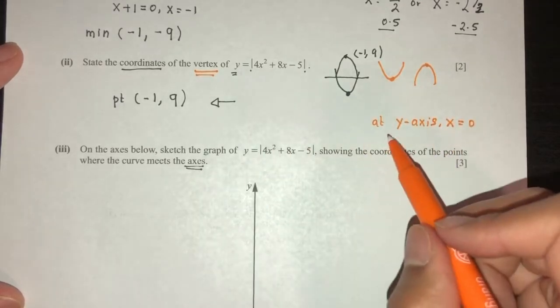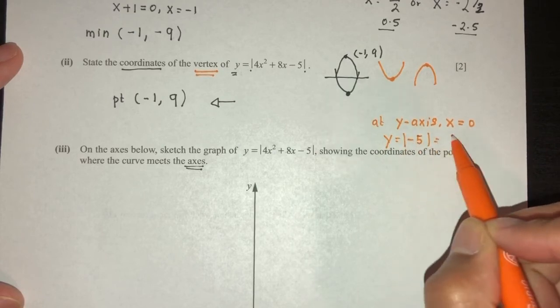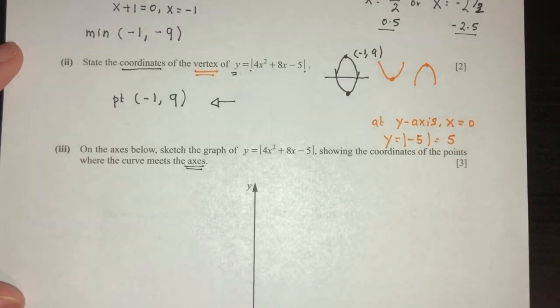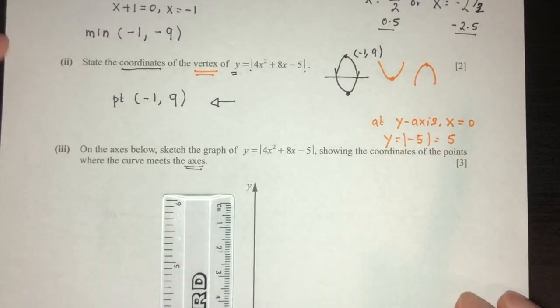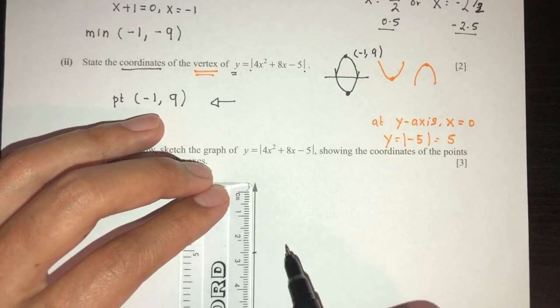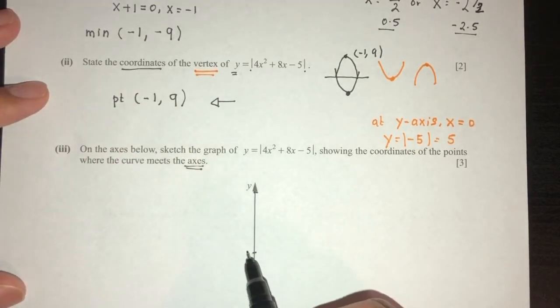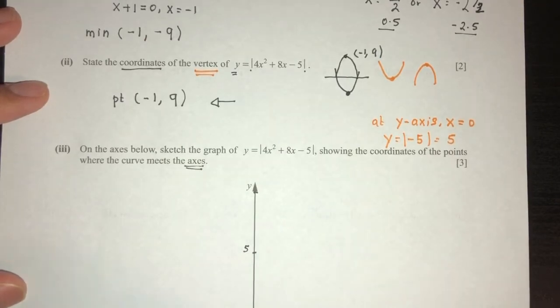Replacing in the equation, y will be equal to minus 5. But here we have modulus that will be 5. So let's mark that point as well. So for example, let's put the value about here for 5. And this will be 10. So this is 5. That will be your part where it cuts my y-axis.